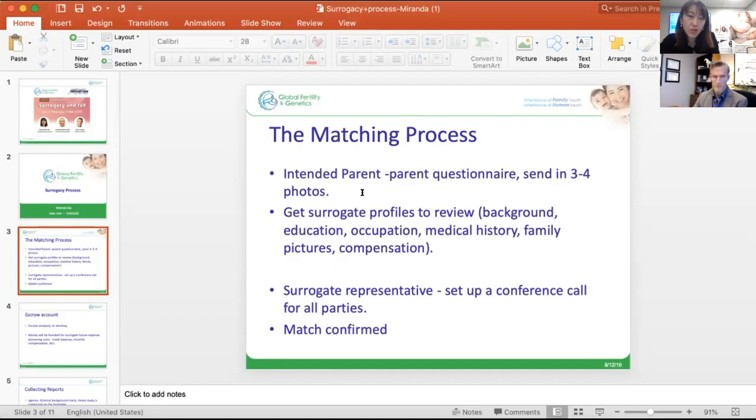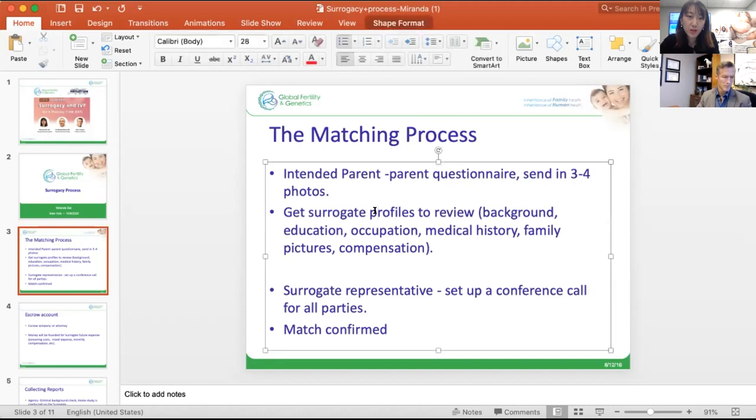Then the agency will send intended parents a few profiles to review. You can see the background, education, occupation, medical history, family pictures, and the compensation from the profile. Choose the one you want to work with. Then the surrogacy representative will set up a conference call for all parties. If you like each other, it means this match is confirmed, so we can move to the next step.